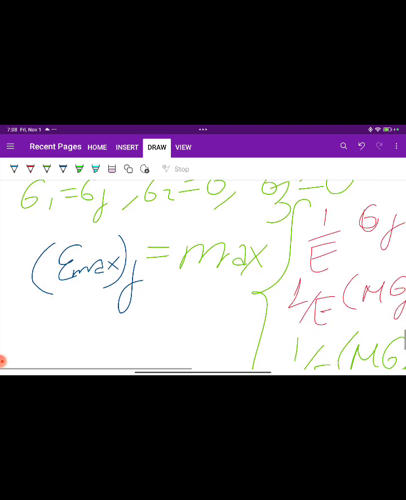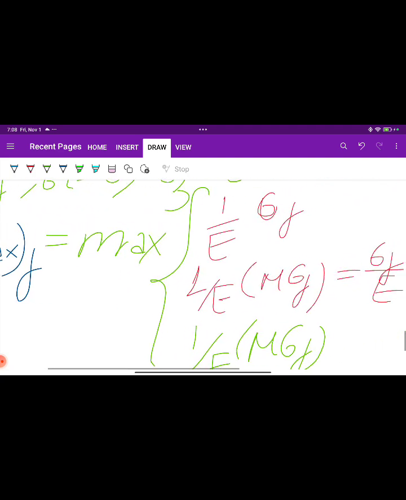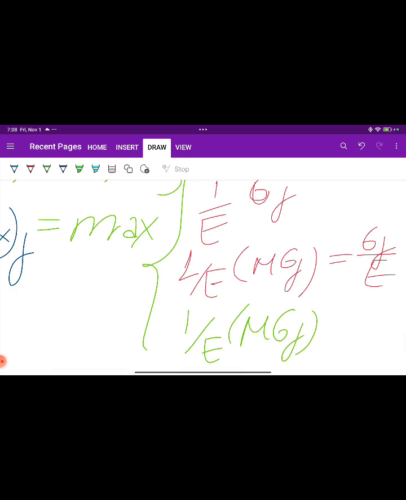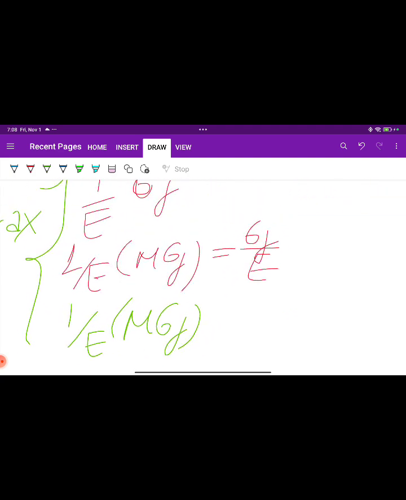Sigma 1 is equal to sigma f at failure. In this failure condition we put the rest equal to 0, and the condition followed will be sigma f. So these are the theories we have studied.